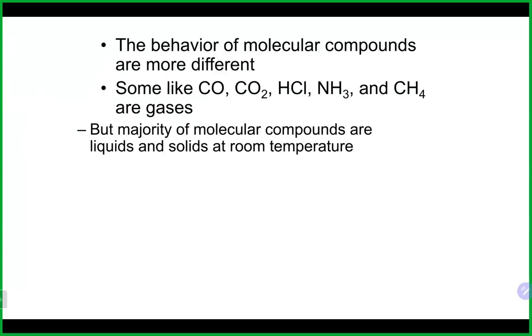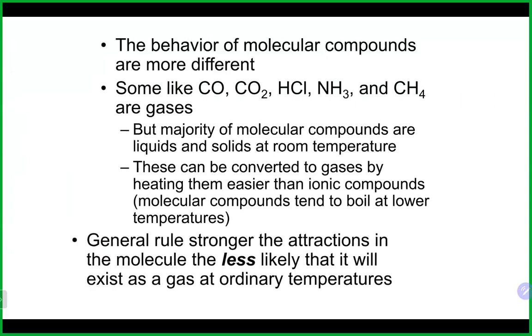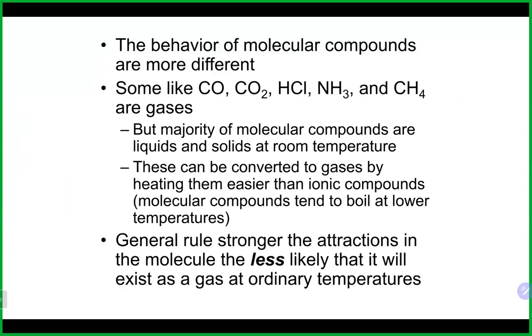Now, molecular compounds, which are held together by sharing of electrons, are a little bit different. They can be gases right out of the gate. Things like carbon monoxide, carbon dioxide, ammonia, hydrogen chloride gas, and methane, which is what comes out as you light the Bunsen burner. One of the major differences between molecular compounds and ionic compounds in terms of gases is that a majority of molecular compounds are liquids and solids at room temperature.